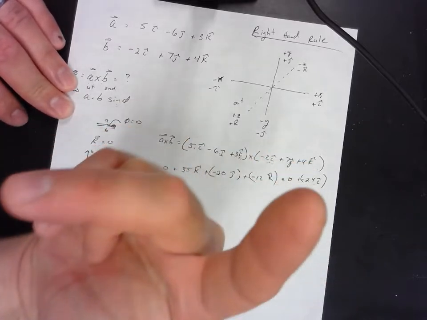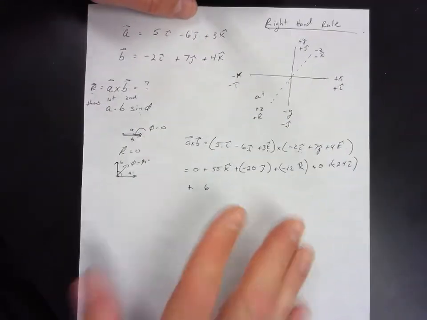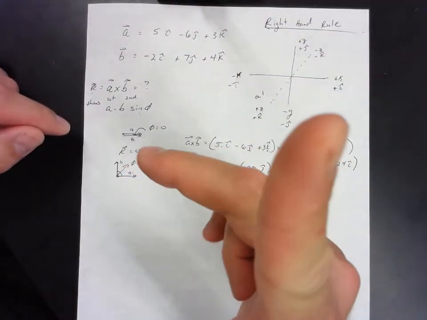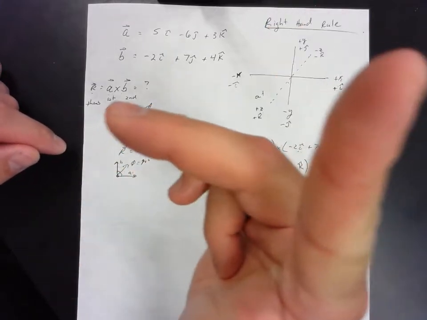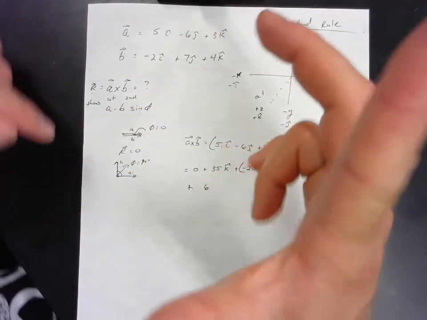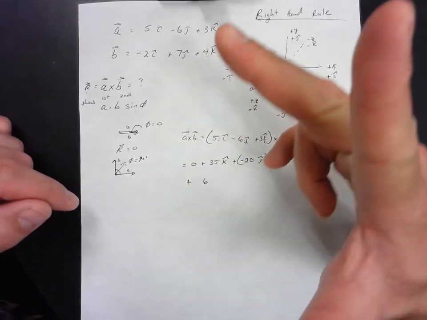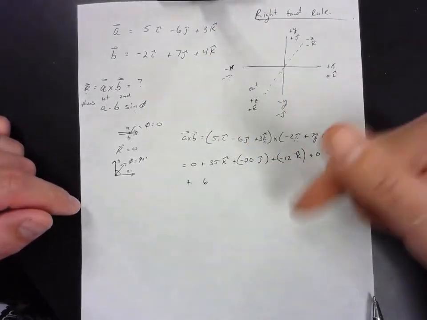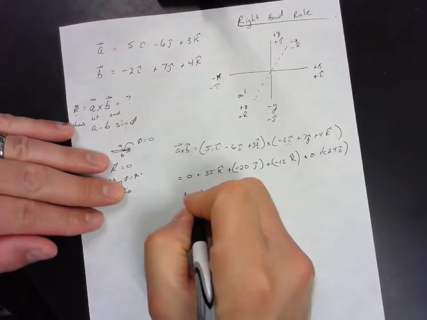So up is the K, second finger is at I, and my thumb, I can't get my hand underneath there, is pointing down this way on the page in a negative J.